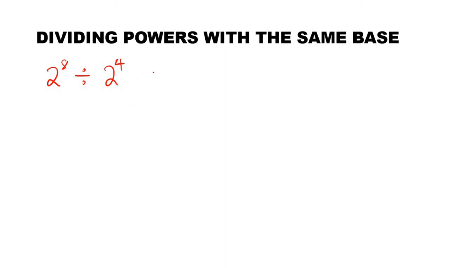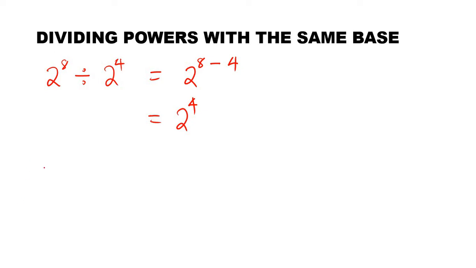So this is simply take the base and subtract the powers. 8 minus 4, and that gives us 2 raised to the power 4. Okay, so you can see it's very easy. Okay, very easy to do. Just take the base and subtract the power.